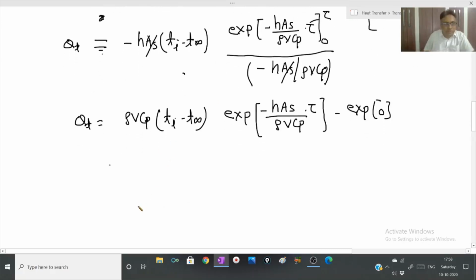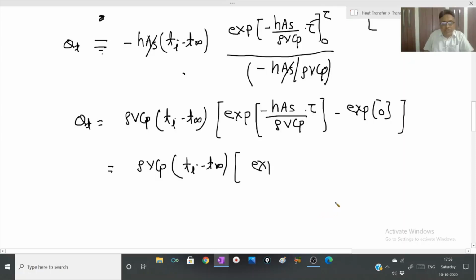So further simplification will give me rho V Cp Ti minus T infinity entirely multiplied by this. So this will become exponential of minus hAs over rho VCp into tau, and this entire term will become minus 1 because e to power 0 is equal to 1.